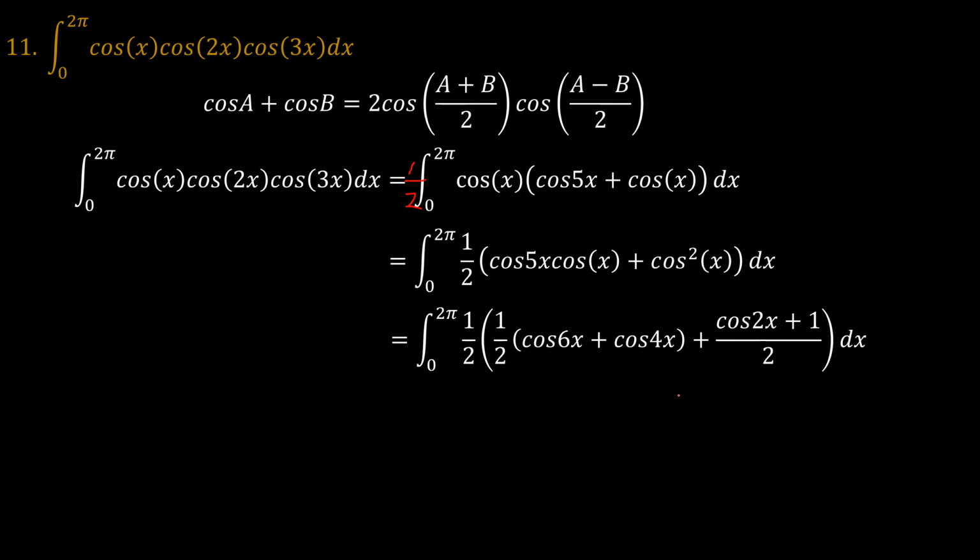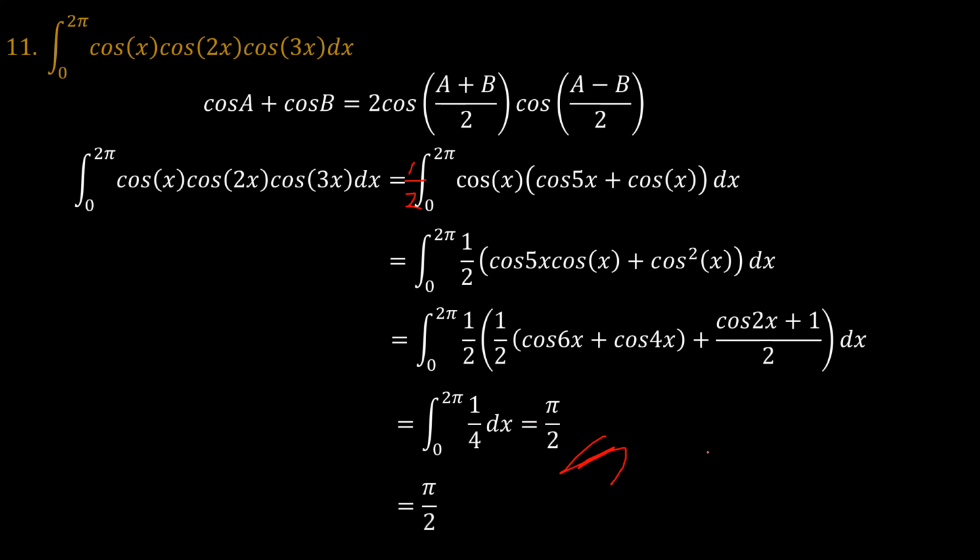Therefore, what we're really left with is this half times this half, which is the integral of a quarter in that region. Taking the quarter out, we're left with 1. Integrating 1 gives x, from 0 to 2 pi, which is 2 pi minus 0, which is 2 pi. 2 pi times a quarter is pi over 2. And this is our answer.